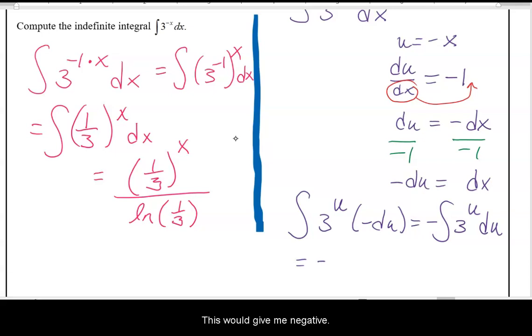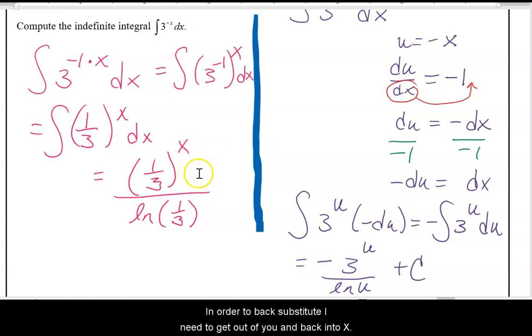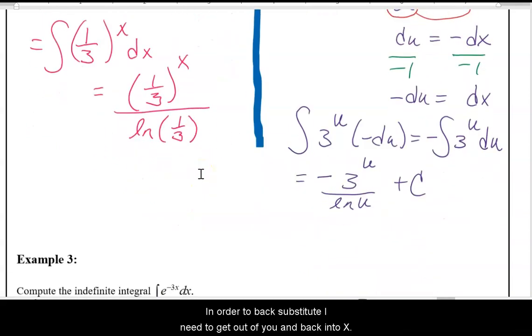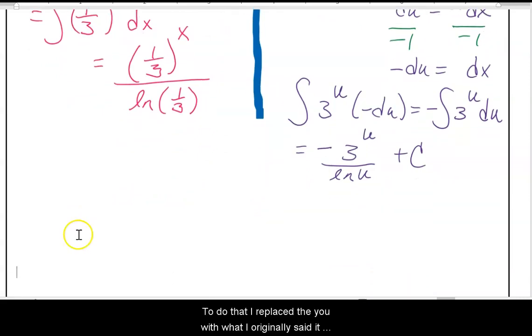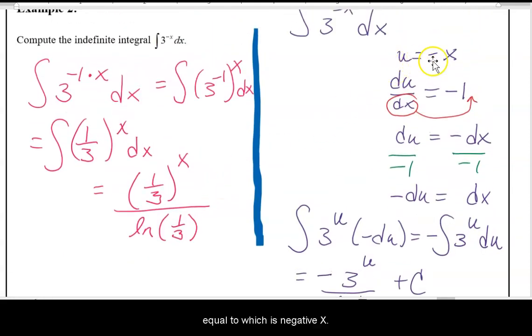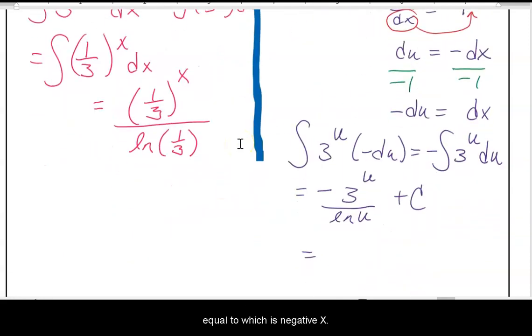This would give me negative 3 to the u divided by the natural log of 3, with a constant. Don't forget the constant. In order to back substitute, I need to get out of u and back into x. To do that, I replace the u with what I originally set it equal to, which is negative x.